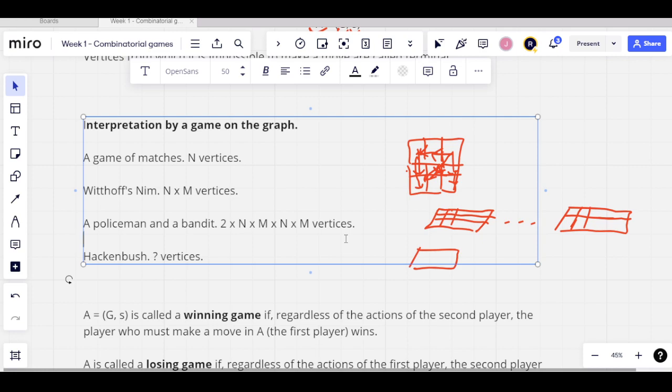We can make a step in any of these vertices, because we have policeman and bandit states of the game. The two represents the diagonal move?